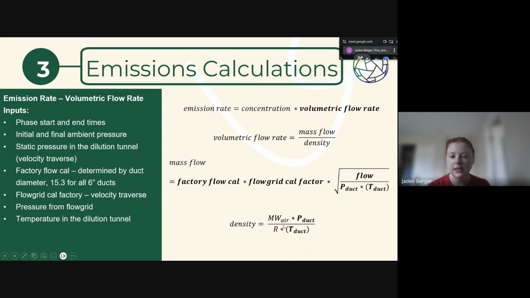And then density here, some of you might recognize this equation. It's really commonly used in chemistry. Basically, we're taking the molecular weight of air, which is close enough to the molecular weight of our gases in the duct, multiplying that by the pressure in the duct and dividing by the universal gas constant and the temperature in the duct. And that gets us our density.